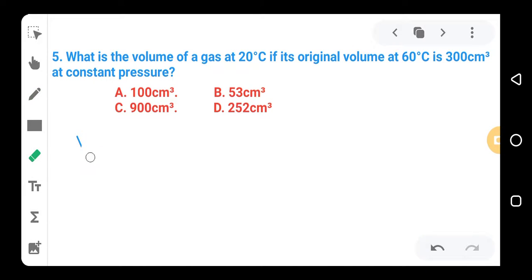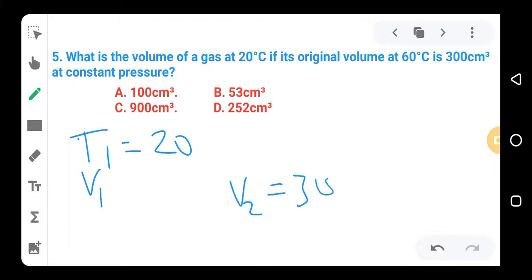We have T1 equal to 20, and V1, we don't know the initial volume, and we have V2 equal to 300, and T2 equal to 60 degrees Celsius. This is in Celsius or centigrade.